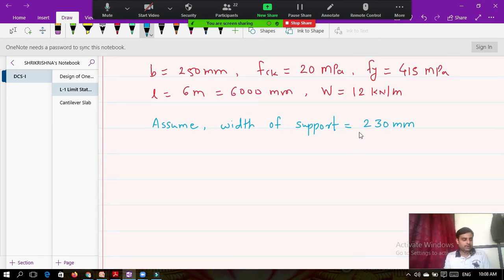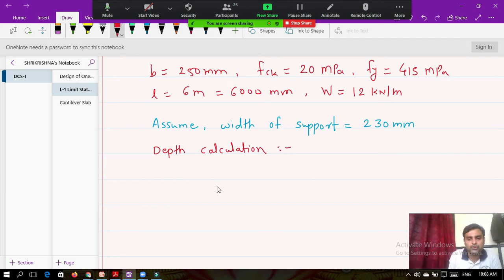Now after this, depth calculation is your next step. So here we will calculate the depth. We will take L by D ratio as 10. Now see what L by D ratio we should take for the beam.